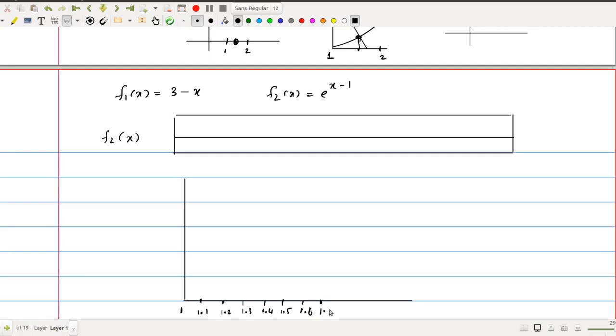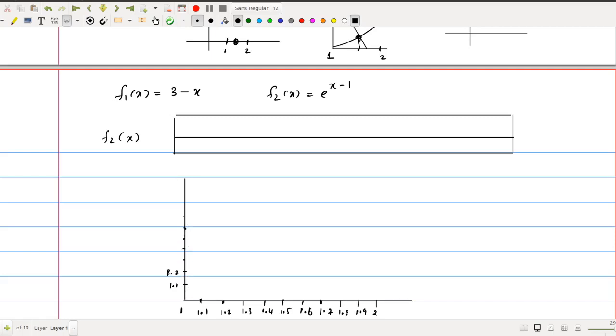Mark all those points up to 2: 1.8, 1.9 and 2.